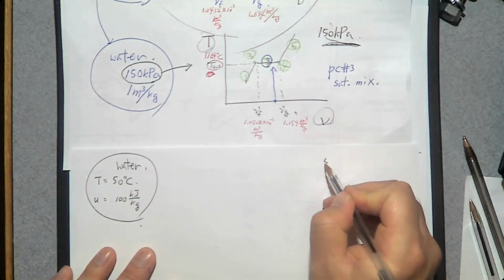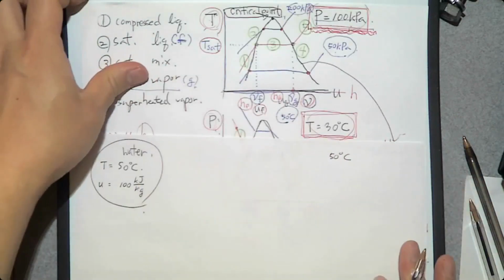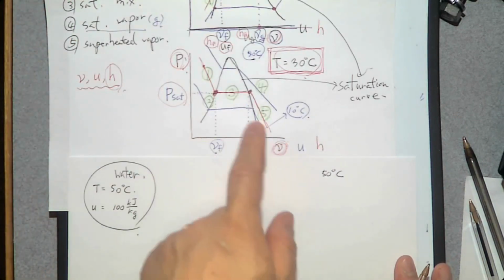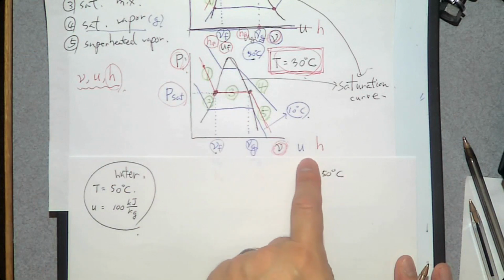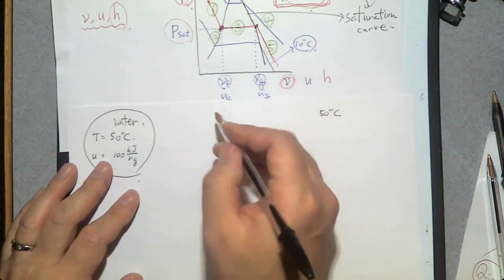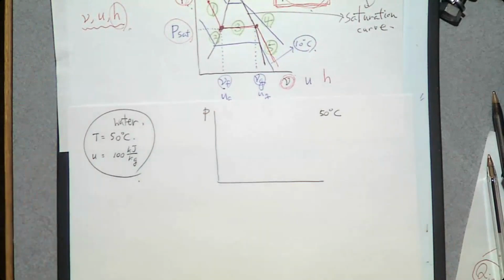If you know temperature, we can make PV or PU or PH diagram. So let's do that. Now we know U, so it will be convenient to make PU diagram. So let's do that.